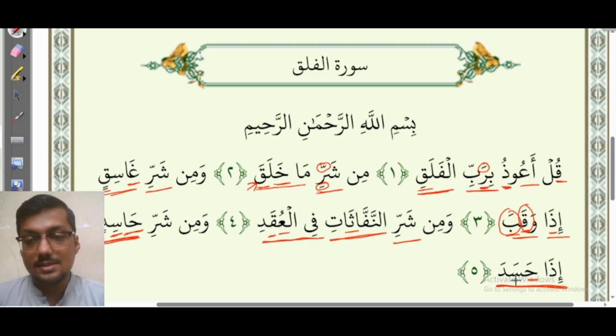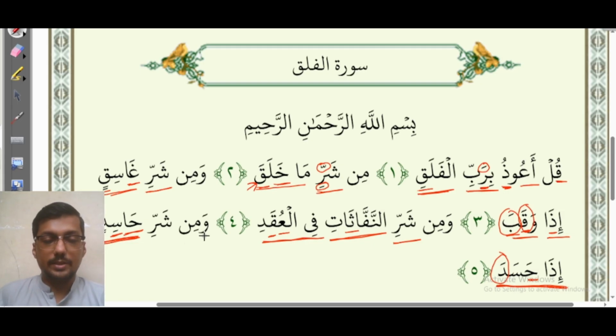Ha, hasad, and at the end we have to do a kalkala. So in this way the whole ayat will become وَمِن شَرِّ حَاسِدٍ إِذَا حَسَدَ.